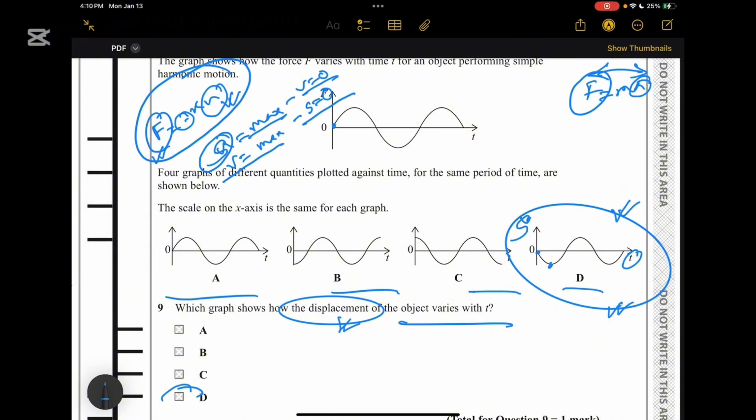So basically graph B corresponds to this thing right here. Let's say right here, when the displacement is 0, the velocity is at maximum. This is our VT graph. When the displacement is 0, the velocity is at maximum. So basically graph B corresponds to that.